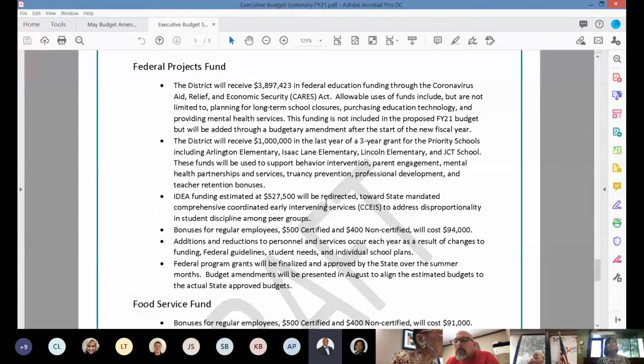And so we'll be meeting here to discuss, and we've already had one meeting, to talk about how those funds should be used and how we want to apply for those funds. And we'll be coming back to the board in August with a budget amendment to add that funding. That's the plan.